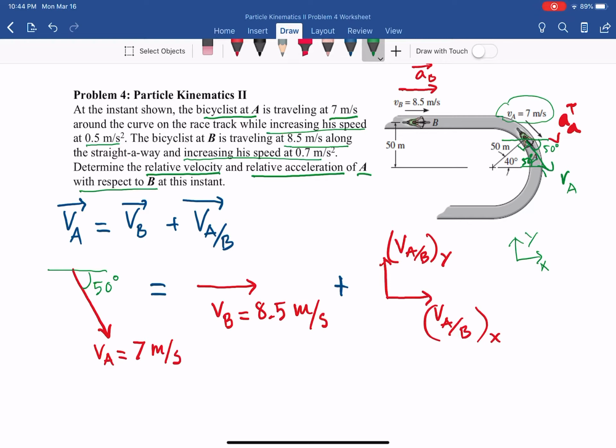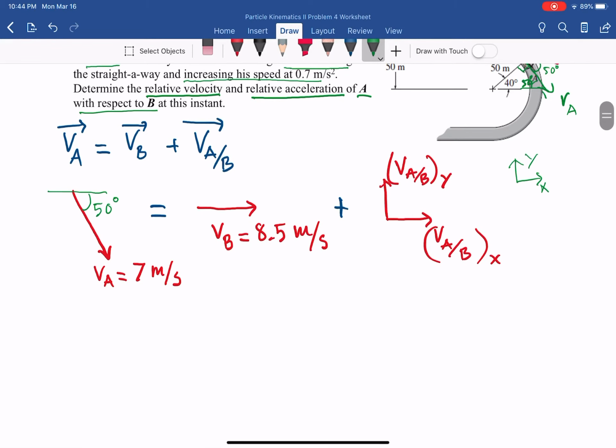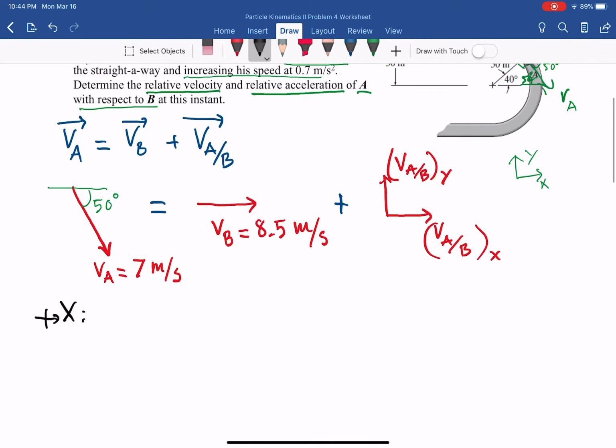So from that we can do the scalar equations. We have x and y. Let x be positive going to the right. So we have VA cosine 50 degrees. Write down 7 cosine 50 degrees, positive, equal to positive 8.5 meters per second plus VA relative to B x.